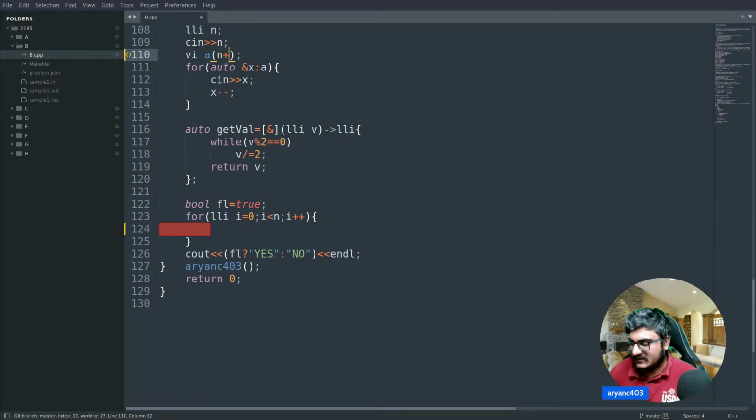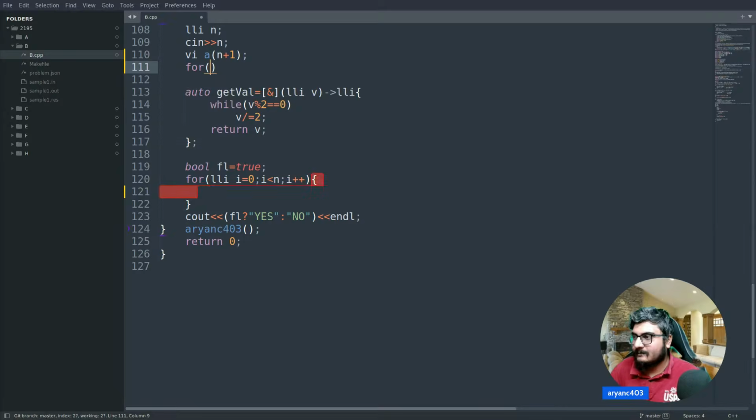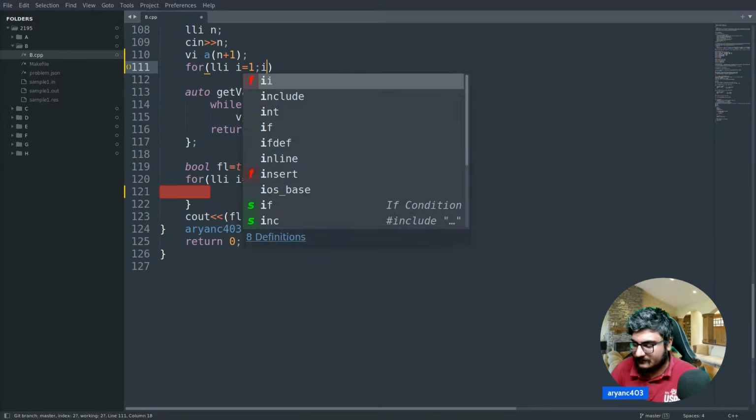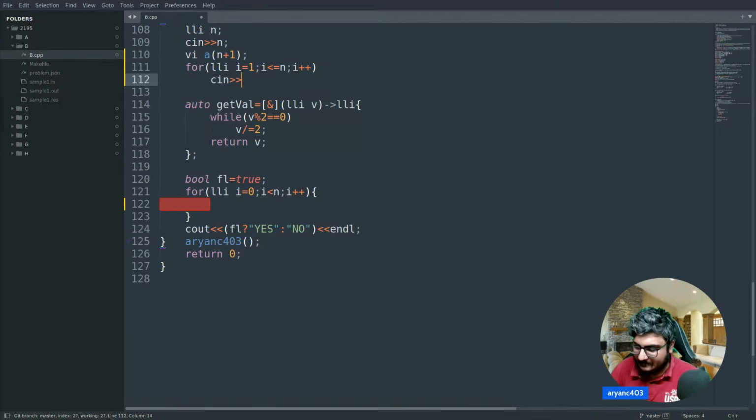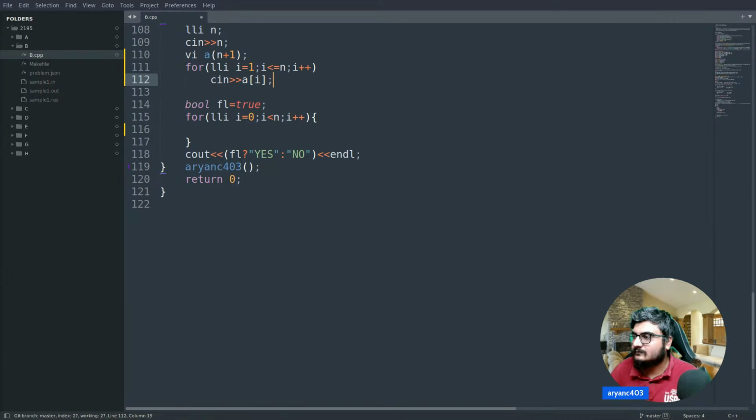Let's take array A as input. This is where we are. Let's keep a variable is possible.